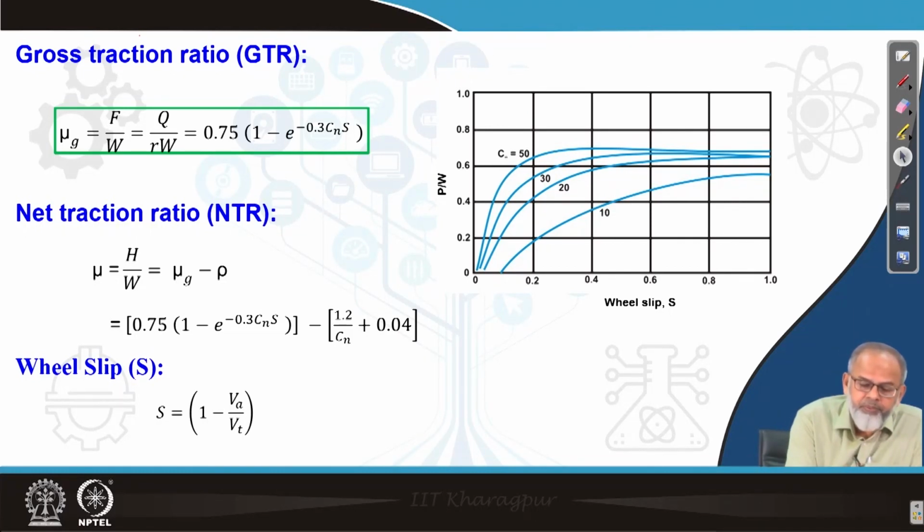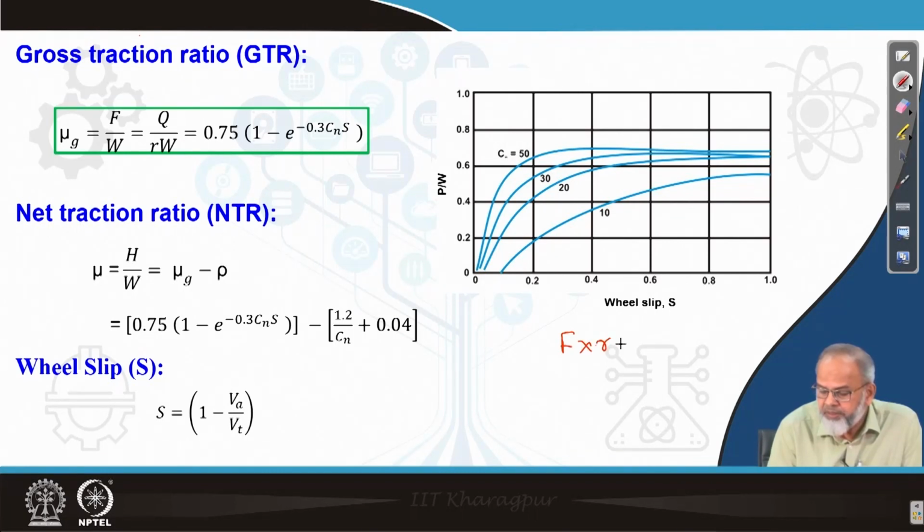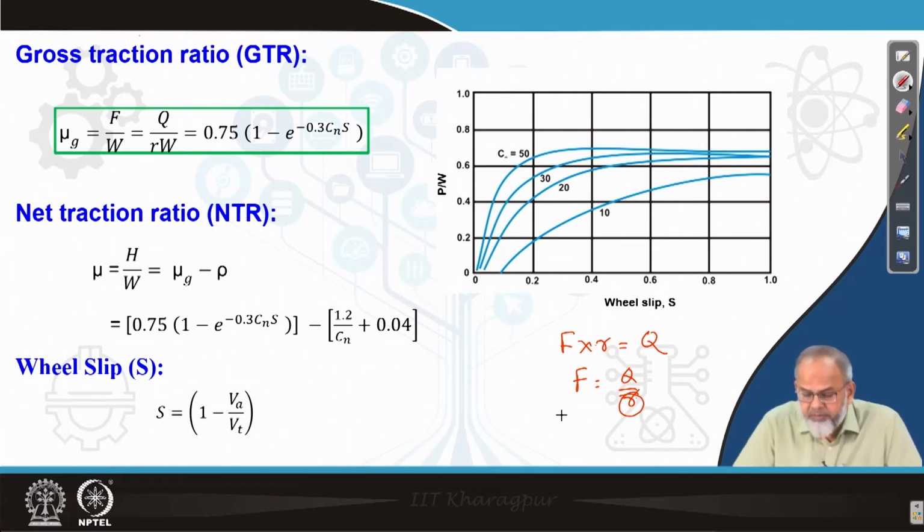So, we have replaced tractive force F into rolling radius R as Q, and F we have replaced as Q upon R. This rolling radius is found out on a hard, smooth surface at self-propelled condition.